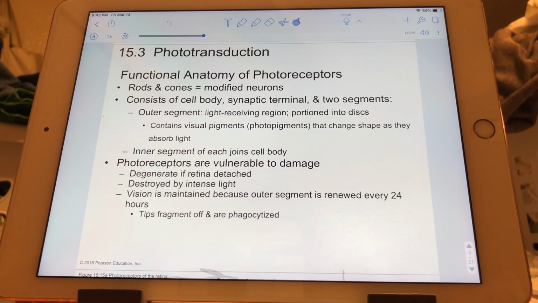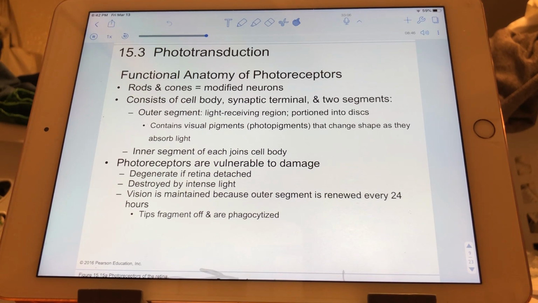But even if we don't go out of our way or have an accident to damage our photoreceptors, they will be damaged. And the good news is that we're actually constantly replacing them. The entire outer segment in particular gets replaced about every 24 hours, okay?